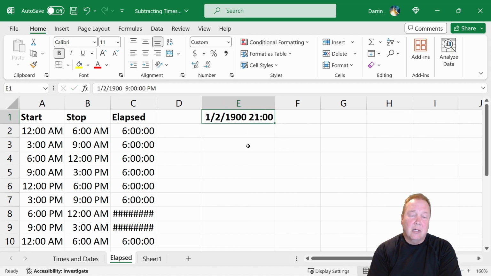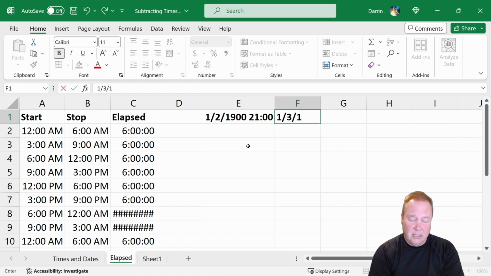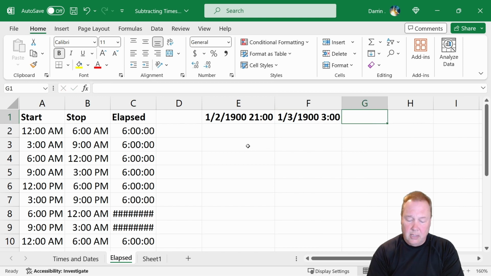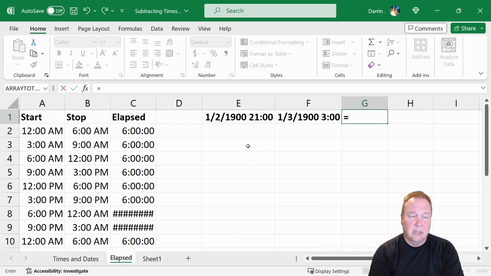So that's 9 p.m. on January 2nd. And you could enter it over here as 1/3/1900 at 3 a.m. And then over here you can do equals F1 minus E1.